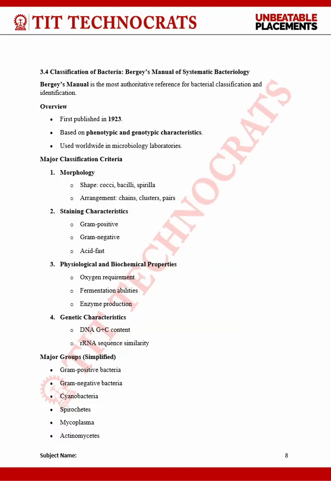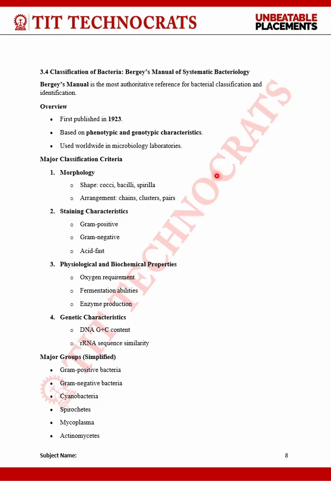Classification of bacteria, which is actually the Bergey's Manual of Systematic Bacteriology. Bergey's Manual is the most authoritative reference for the bacterial classification and identification. It was published in 1923, which is based on the phenotypic and genotypic characteristics.